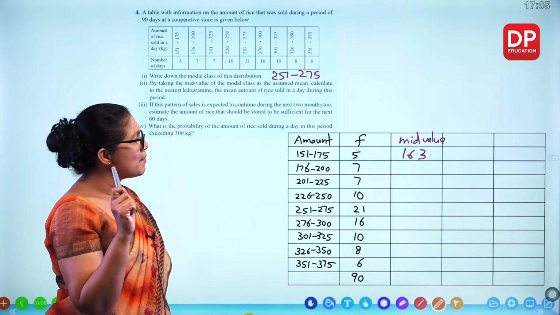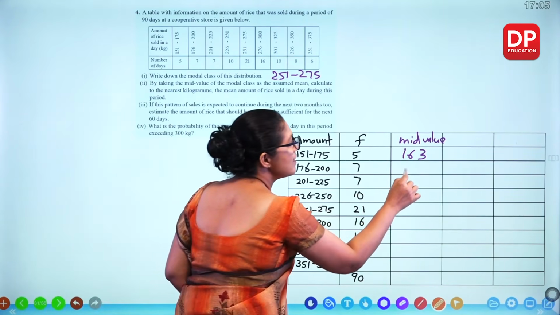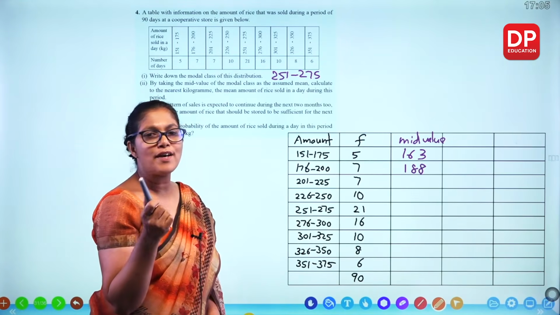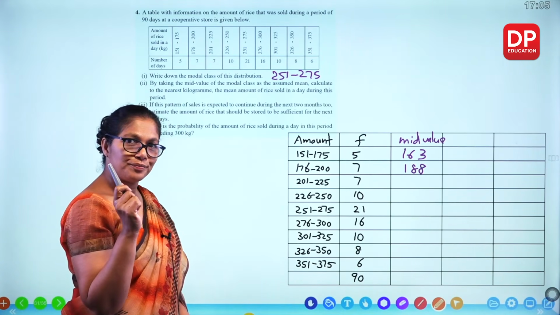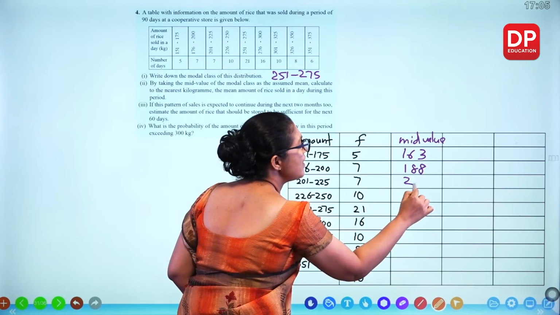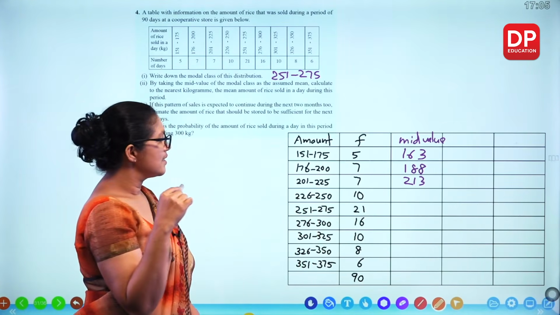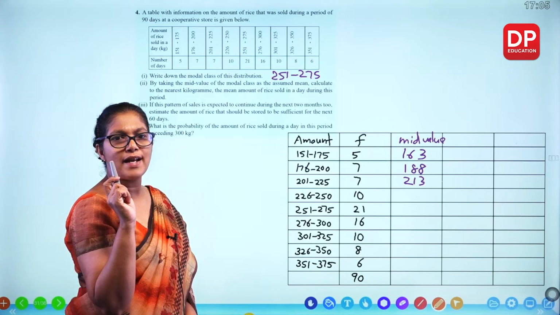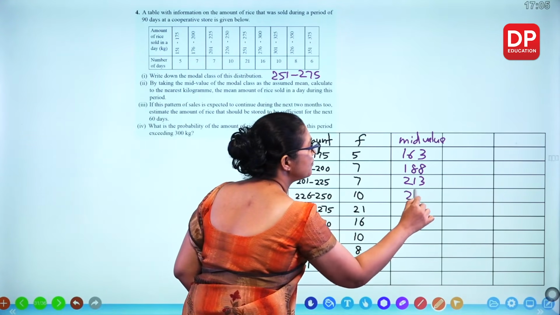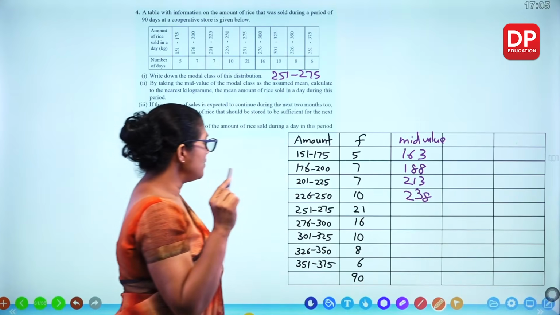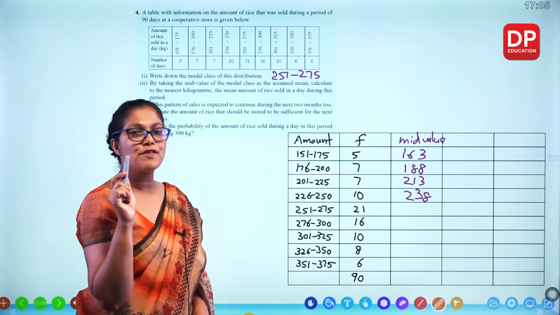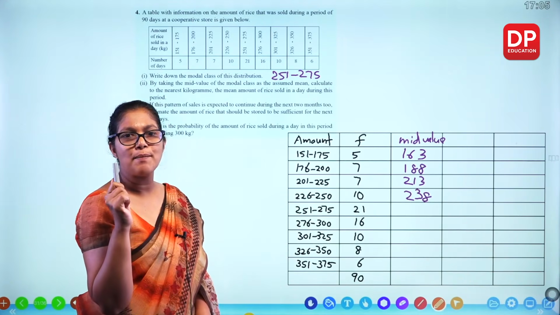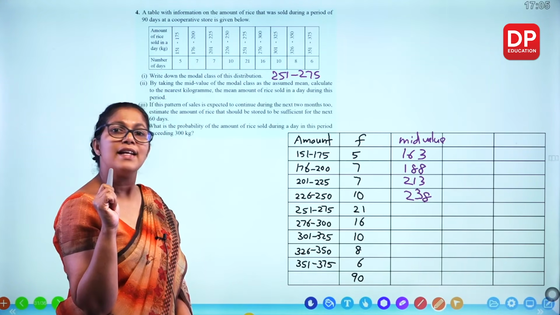Add and divide by 2, 188. 201 plus 225 divided by 2, 213. This one, add and divide by 2, 238. This one, 251 plus 275 divided by 2, 263.